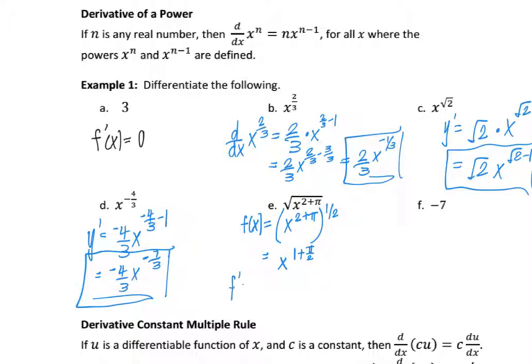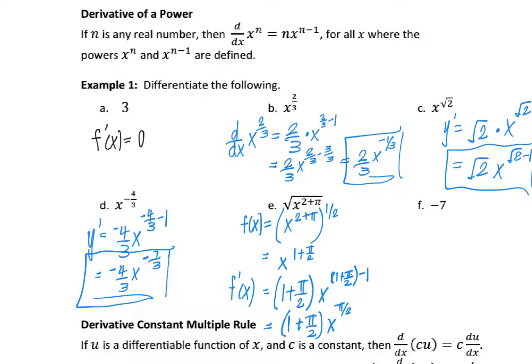So f prime of x, the n is 1 plus pi over 2. X gets raised to the power of your n, so 1 plus pi over 2 minus 1, which simplifies down into 1 plus pi over 2 times x to the pi over 2 power.